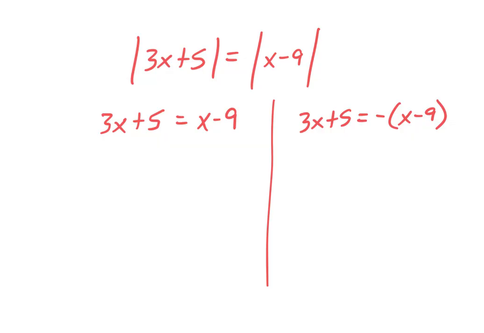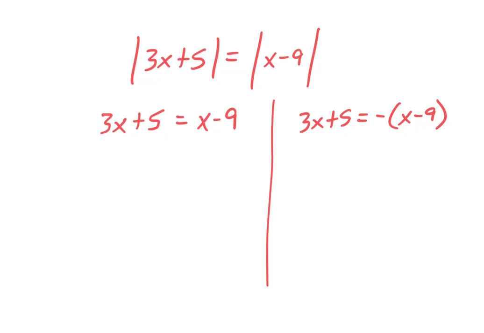Because it's not just a number, it's an expression. So I've got to change the sign on everything within that expression. So we're still doing the opposite of this, but we've got to do the opposite of the whole thing. If you really wanted to, you could just go negative x plus 9 and change them right as you write it out. That would be okay too.